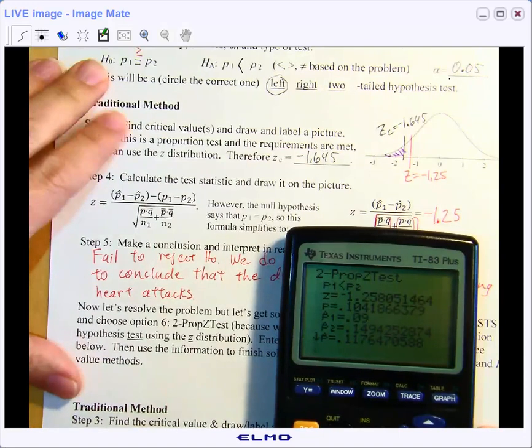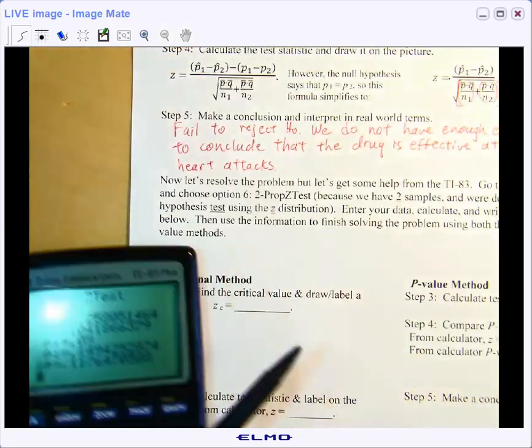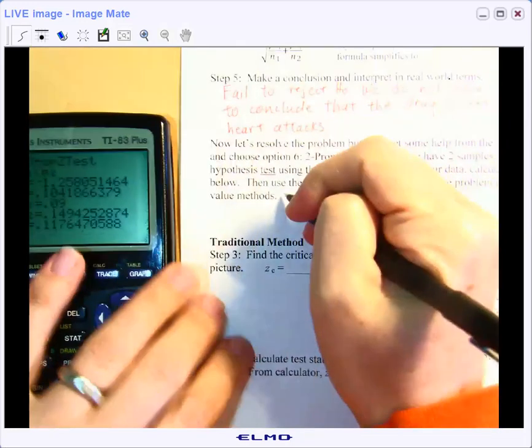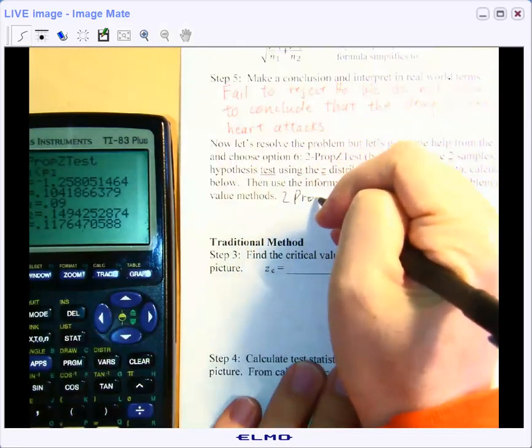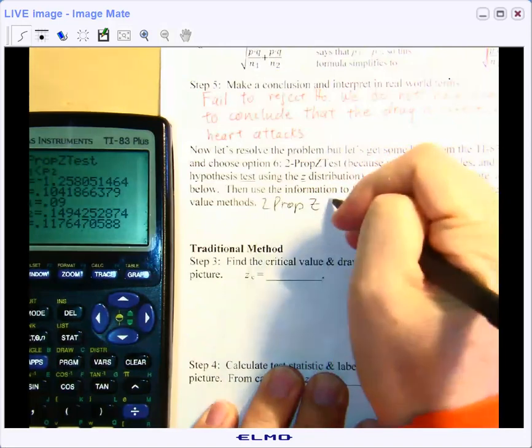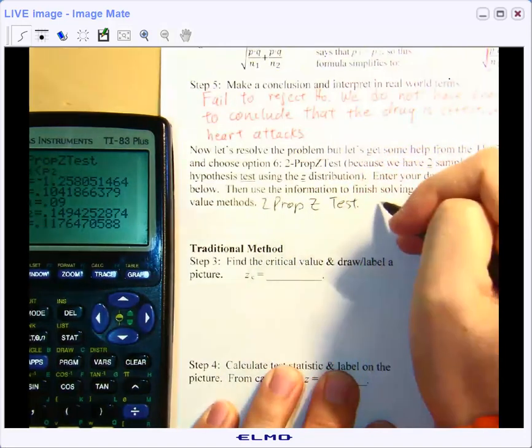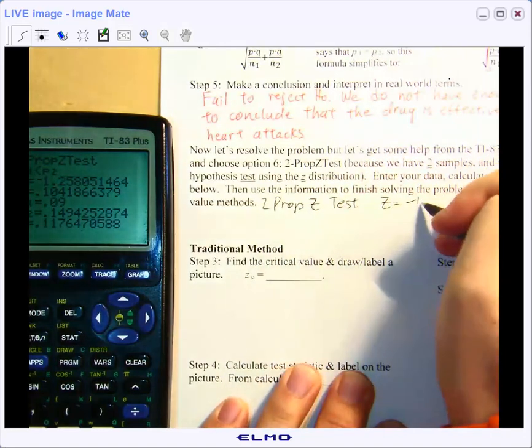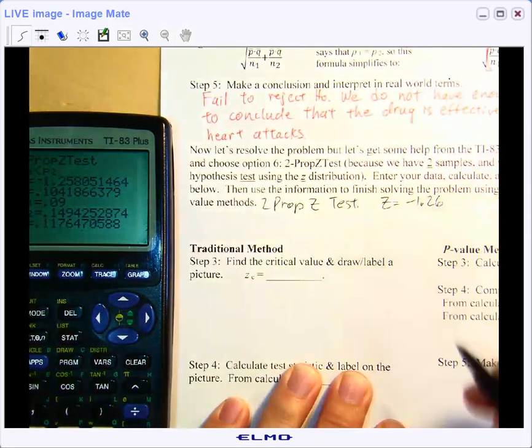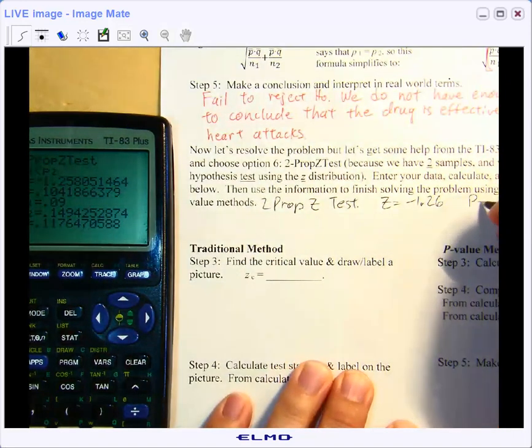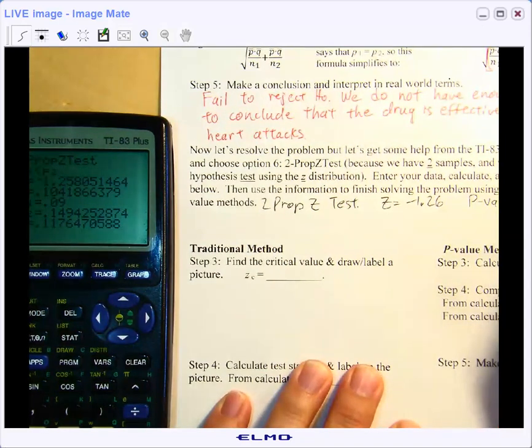So we'll make this line look like our alternate hypothesis and calculate and write down our information here. Okay. So if we write this down, so we've got 2 prop z test. We find out that z equals negative 1.26 to 2 decimal places. The next thing is our p-value, which we'll use here in just a minute, and that was 0.1042.